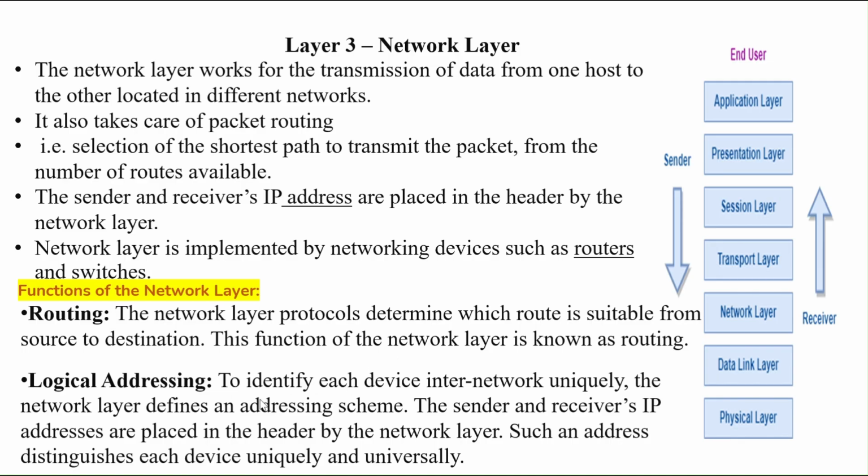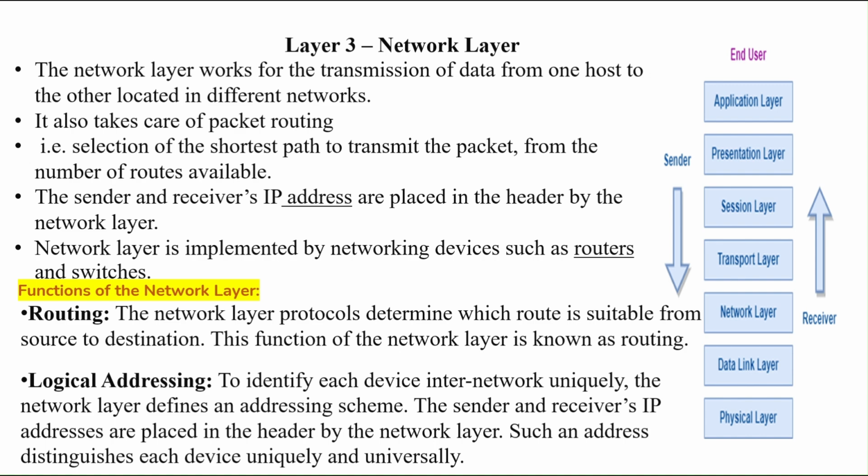Logical addressing identifies each device on the internetwork uniquely. The network layer defines an addressing scheme. The sender and receiver's IP addresses are placed in the header by the network layer, such that an address distinguishes each device uniquely and universally.